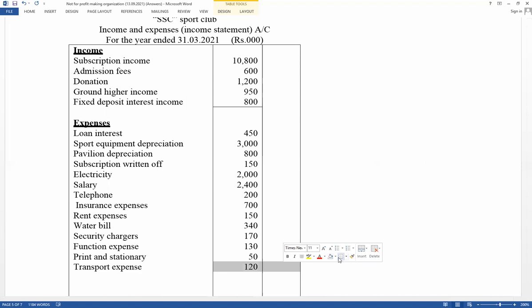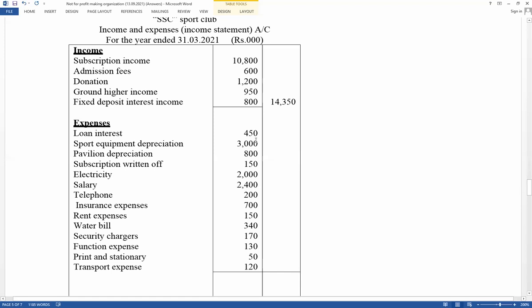Income minus expense equal surplus or deficit. Therefore, income total value equal 14,350. Then take the expense also.